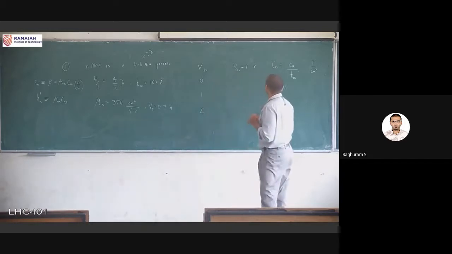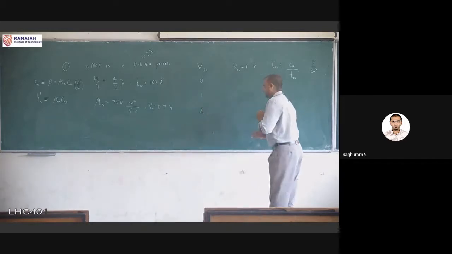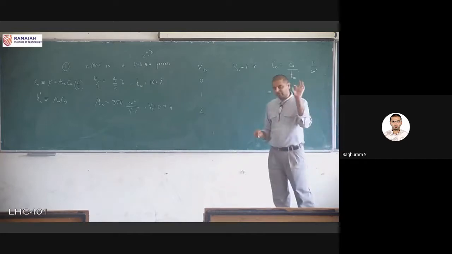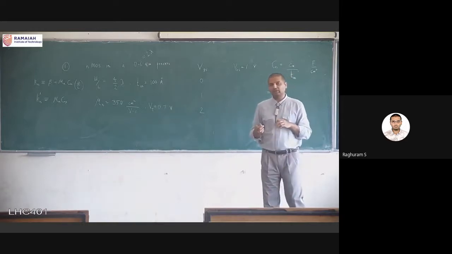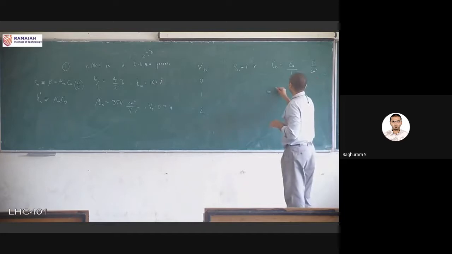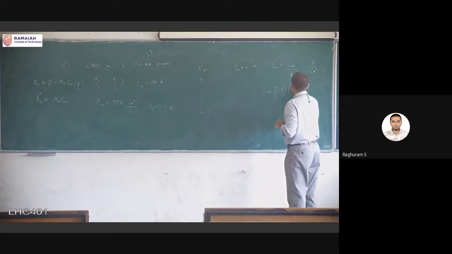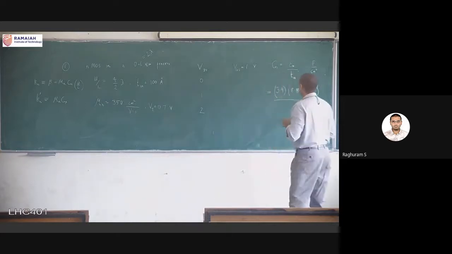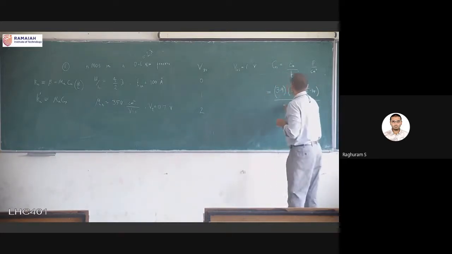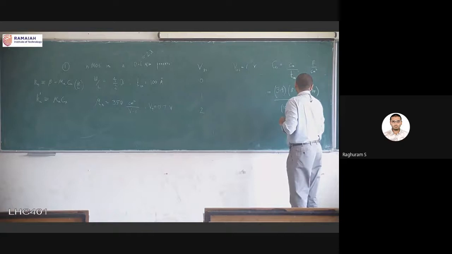Okay. The second thing, equal to, and almost always our oxide between the gate and the substrate is going to be silicon dioxide, and silicon dioxide has a relative permittivity of 3.9, into epsilon naught, which is 8.85 E minus 14 for our usage, because it is in centimeters, divided by the oxide thickness, that is given, 100 into E minus 8.